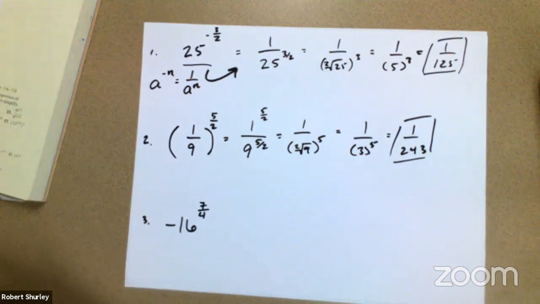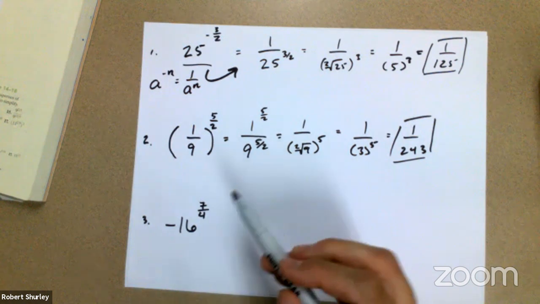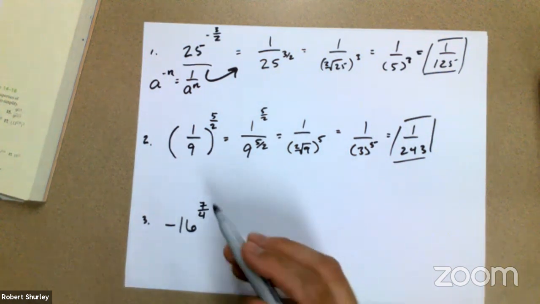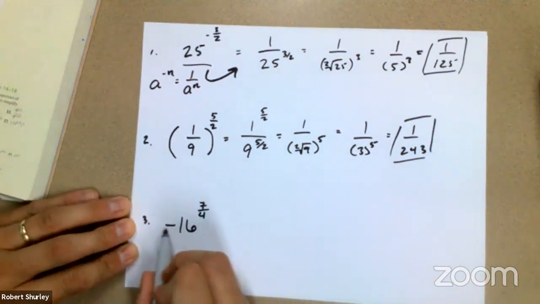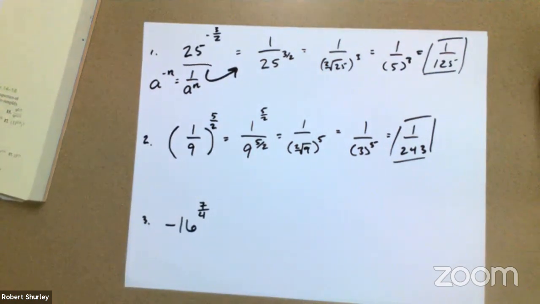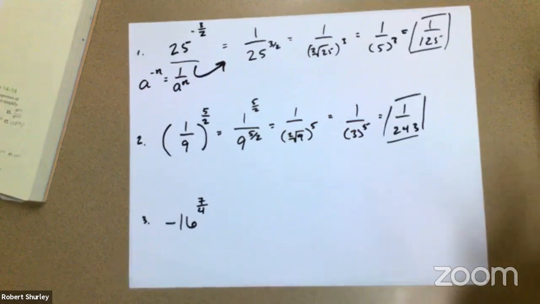Now, this last one's tricky for a different reason, and it's the fact that when we raise this to a 7/4, the negative is not actually being raised. And that's why I wanted to trick you on this one.